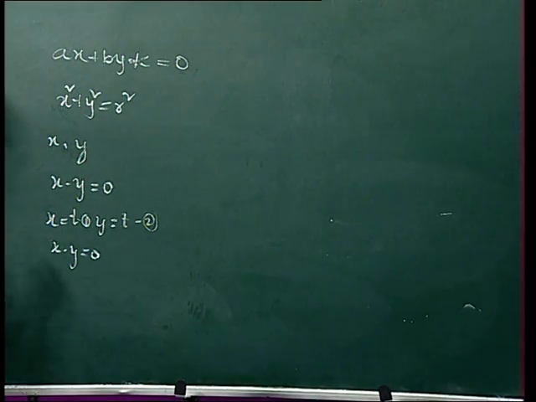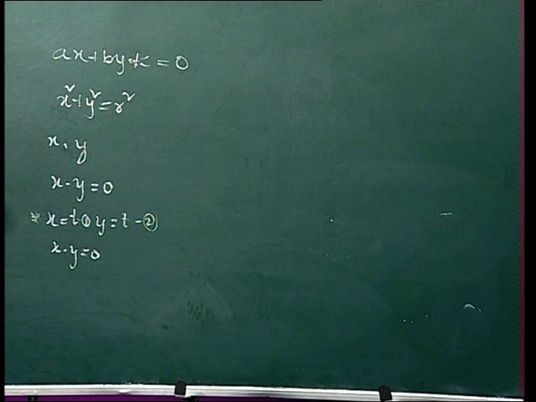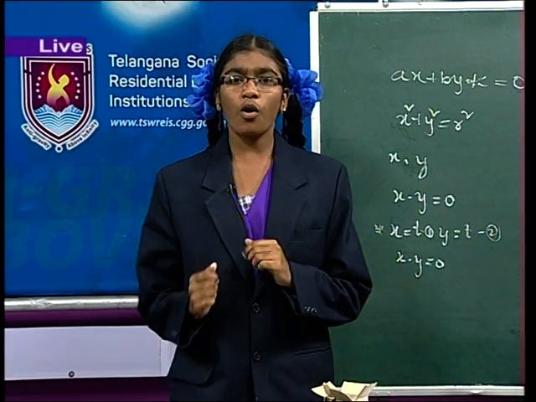So, here these equations satisfy the above equation, yes or no? Yes. So here x in terms of t and y in terms of t, these types of equations are called parametric equations. Okay friends.